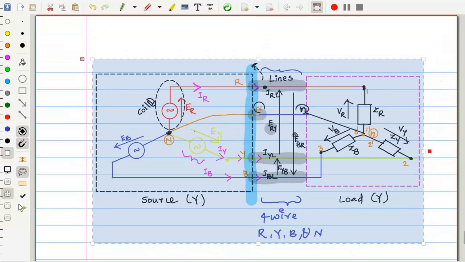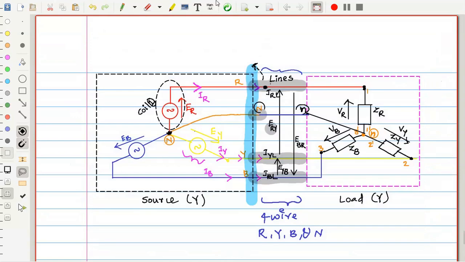I am not listing all of those configurations first, but going one by one. Based on necessity, we may go with different configurations. First thing is the four wire system.